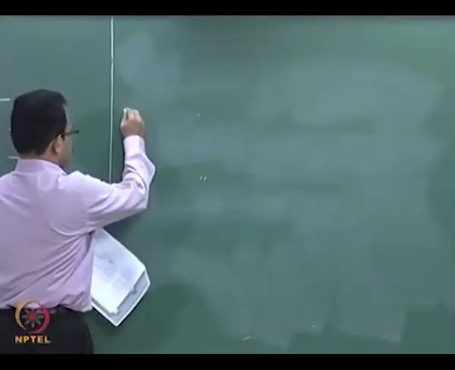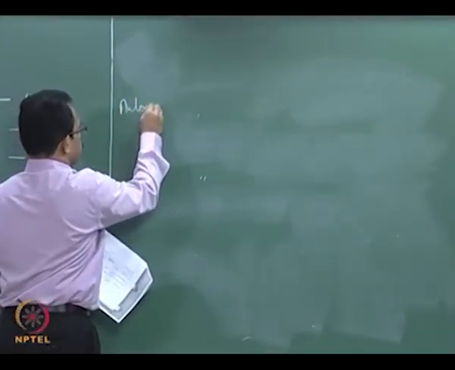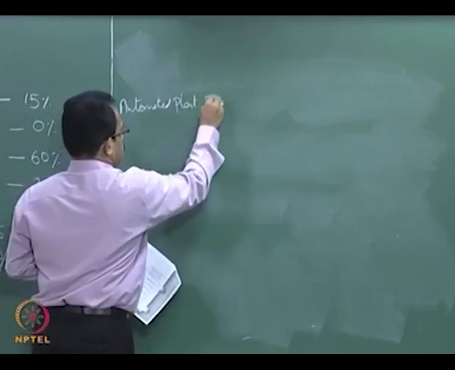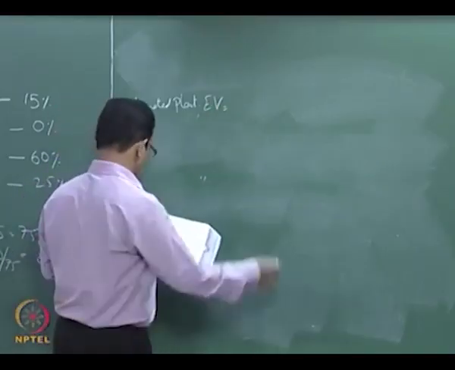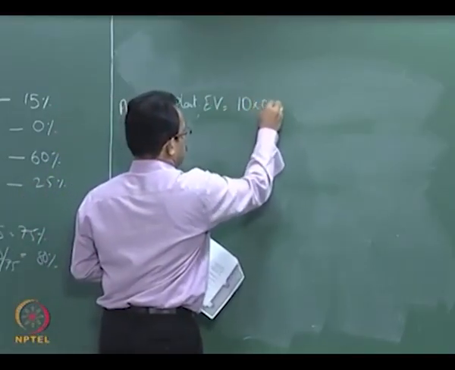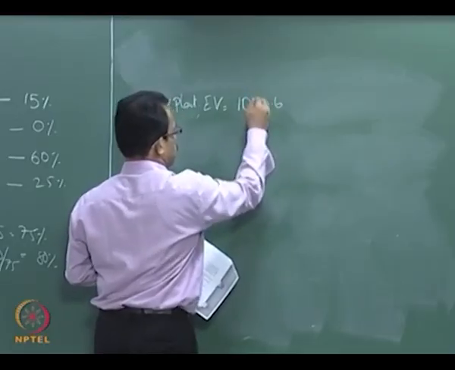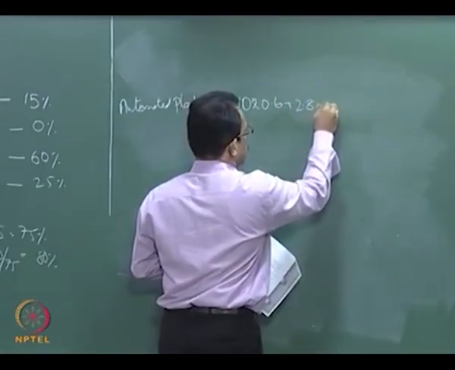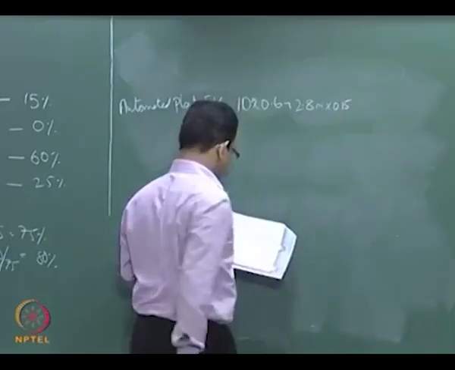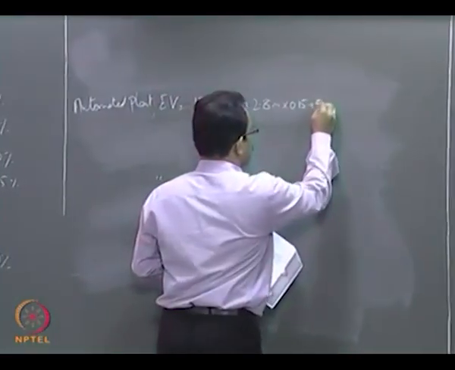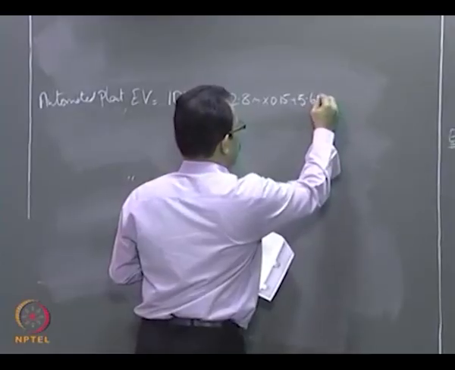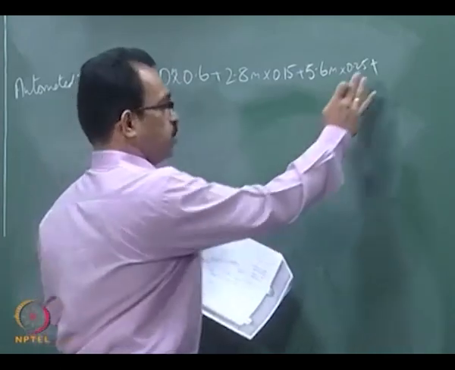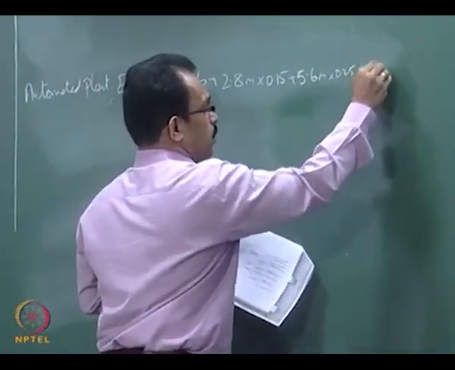So the expected value of the automated plant, if you go for an automated plant, can be obtained as 10 million into 0.6, that is the revenue 10 million with probability 0.6, plus 2.8 million into 0.15, plus 5.6 million multiplied by 0.25, minus 5 million.